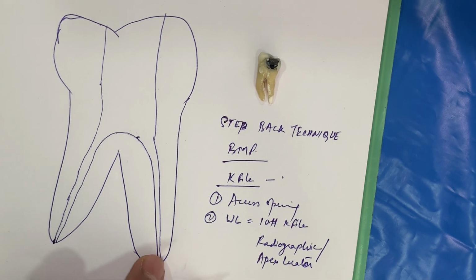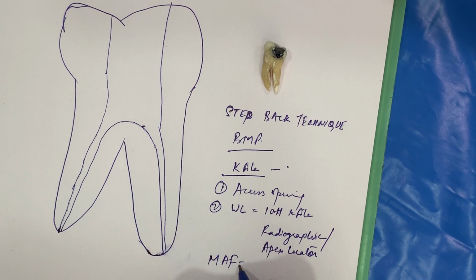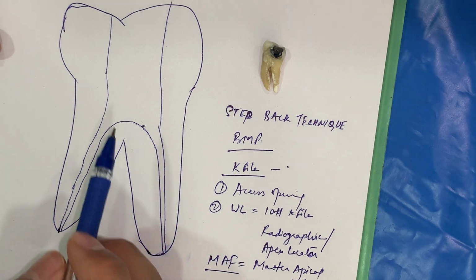So in the step back technique, we must know a term known as a MAF. That is a master apical file. What is a MAF or a master apical file? The step back technique goes this way.